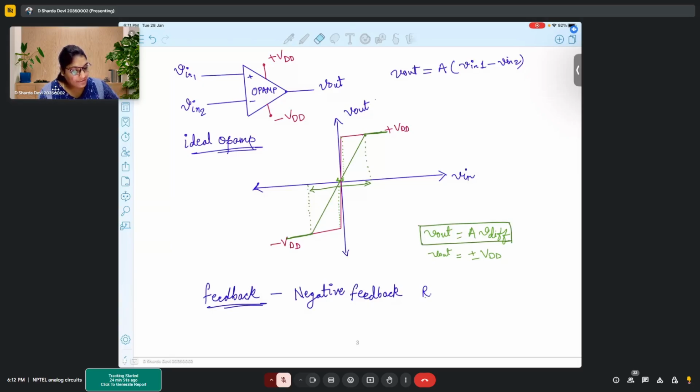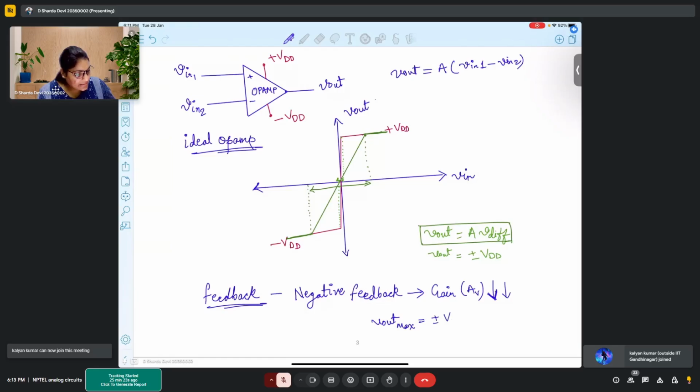So the moment you introduce a negative feedback, it reduces the gain. We call it AV or AI. This gain actually reduces. Now, we know that V out max can be plus minus VDD, and we also know that V out is A times V difference.